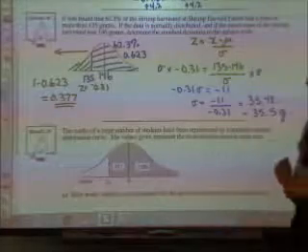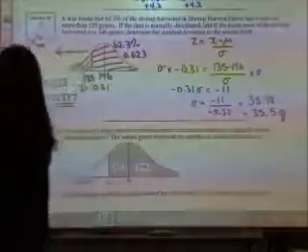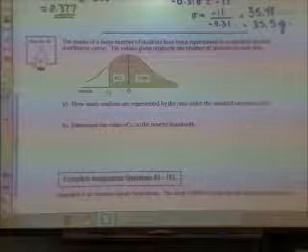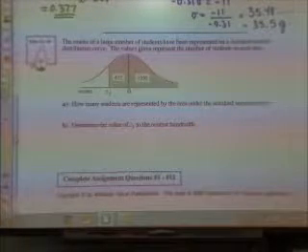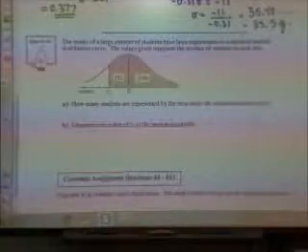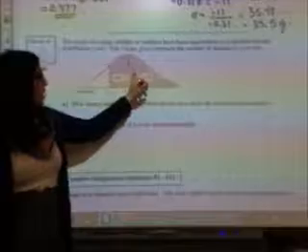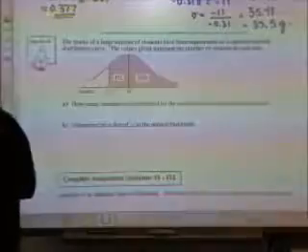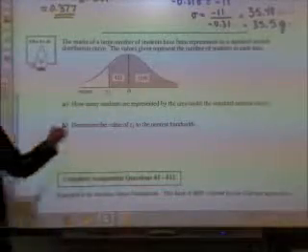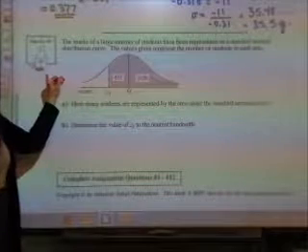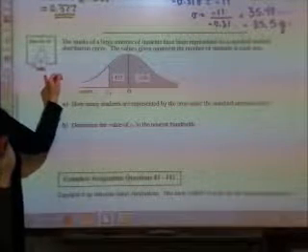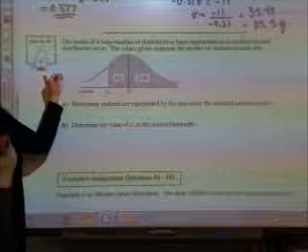Okay, last question. The marks of a large number of students have been represented on a standard normal distribution curve. The values given represent the number of students in each area. So from here to the right is 1,250 students. From here to the left, all the way to the end, would be how many students? 1,250.